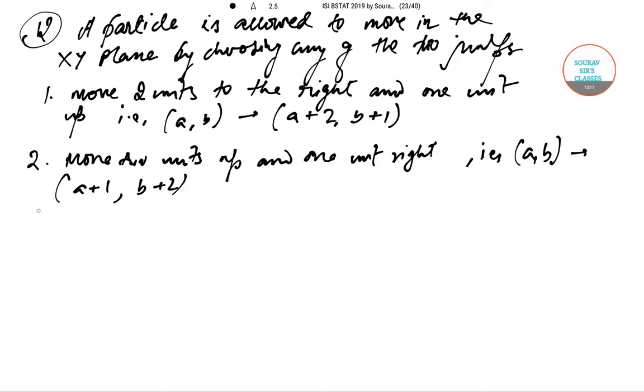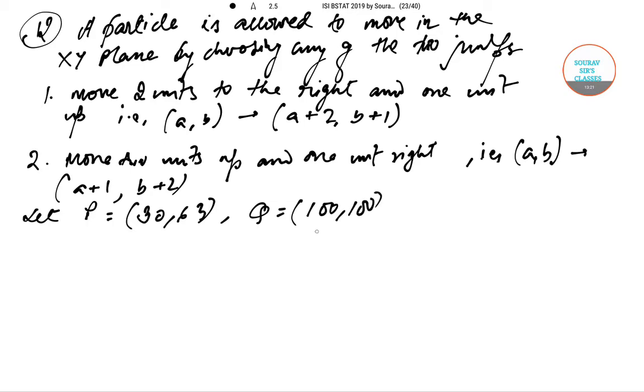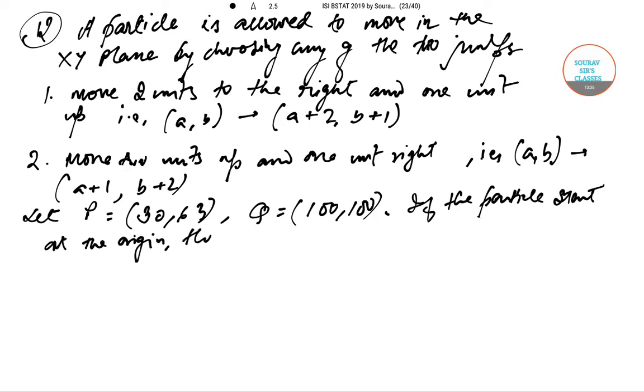Okay, now let P equal to 3063 and Q equal to 100. If the particle starts at the origin, then which of the options are correct?